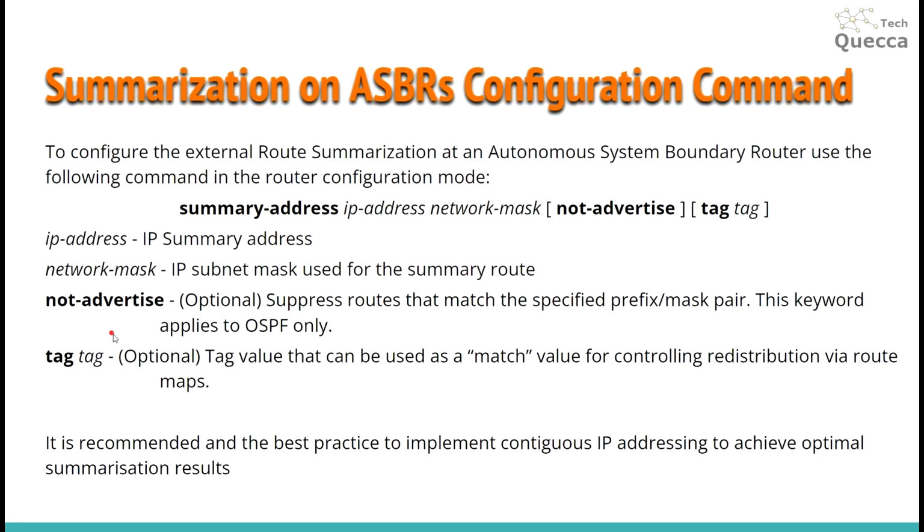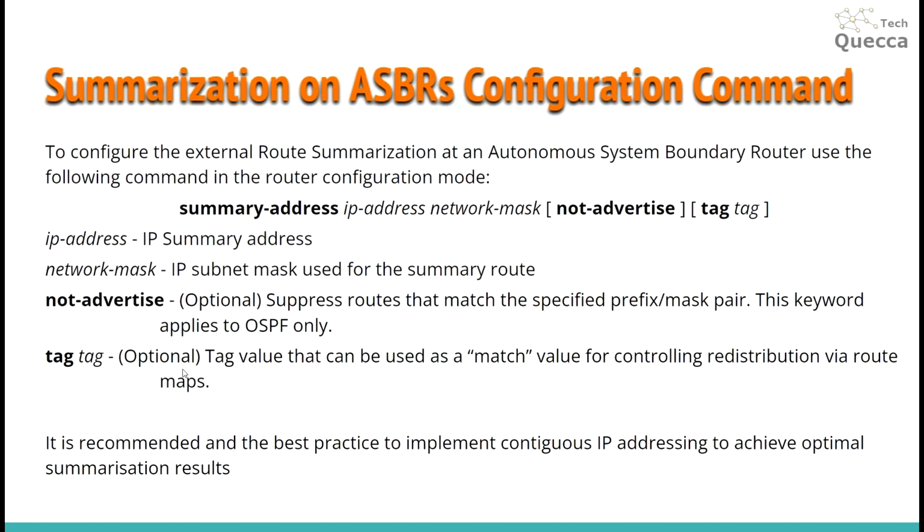The not-advertise option is optional, and if you want to filter this summary address, you can use this option and it will not advertise this summary route into the OSPF domain. And tag is optional. Tag value can be used as a match value for controlled redistribution via route maps.